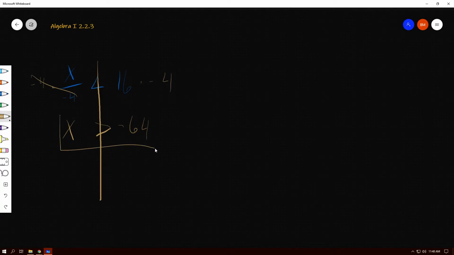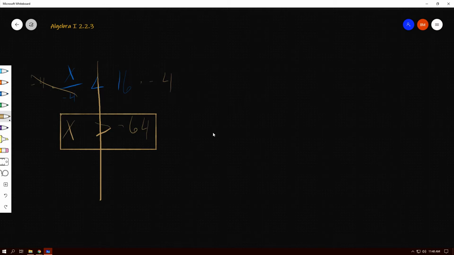So now my answer is x is greater than -64. It initially started as a less than, but because we multiplied by a negative number, we had to flip it. So multiply or divide by a negative, we have to flip the sign.